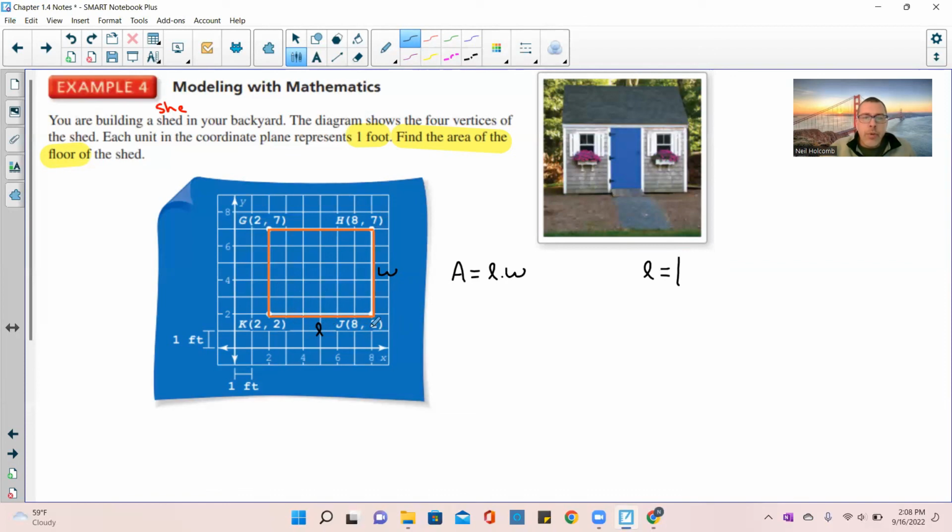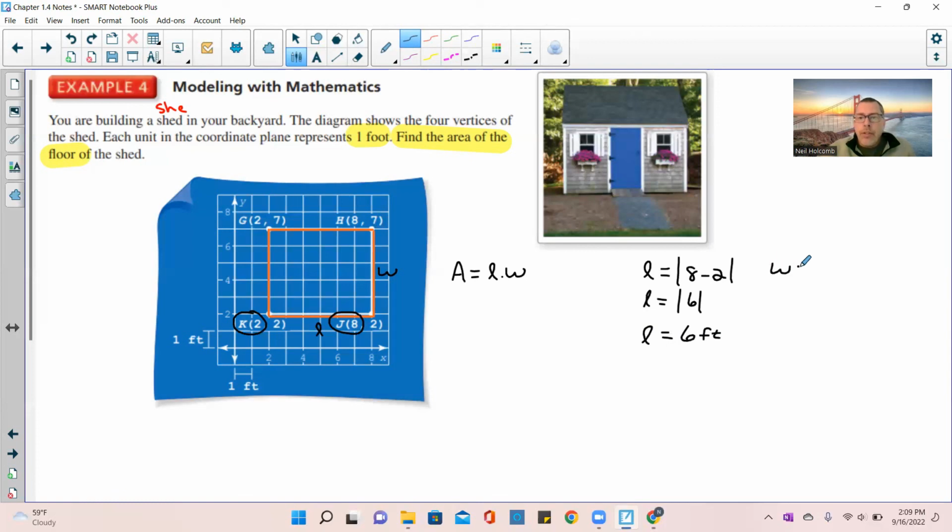That's a horizontal line. The Y's don't change. So I want to focus on the X's. So the length is one end minus the other end point, absolute value. So L is going to be the absolute value of 6. And therefore I found L to be 6 feet.